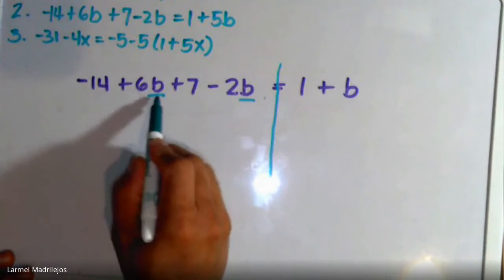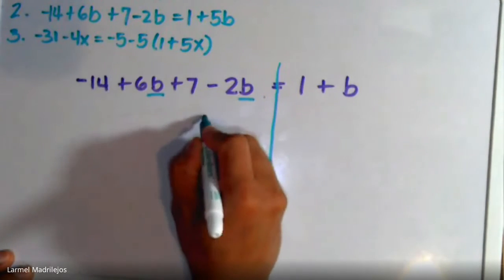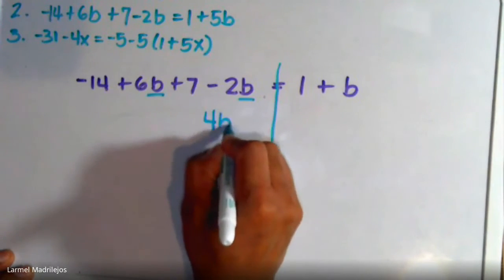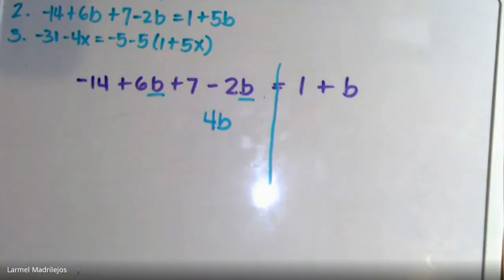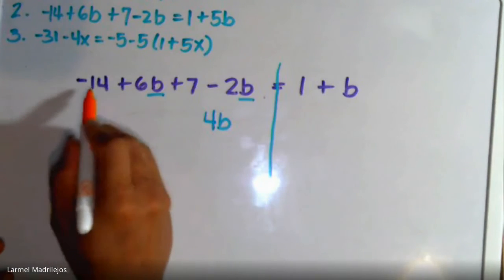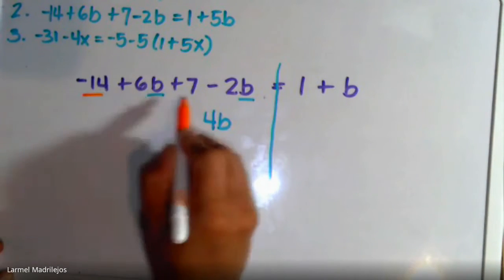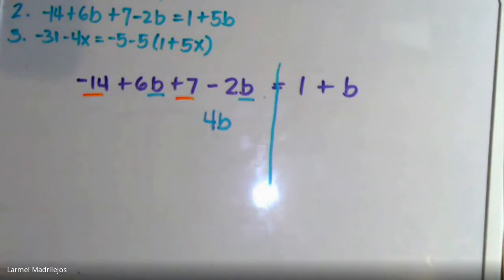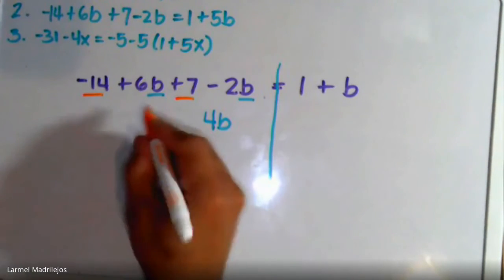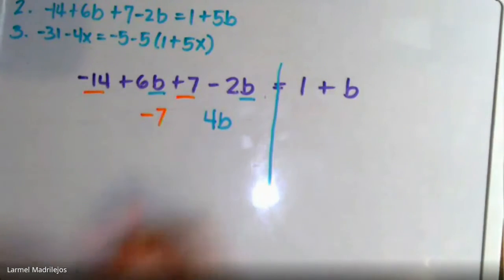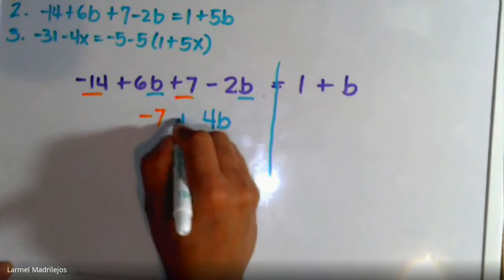So 6b minus 2b gives me 4b. The next terms that are the same are negative 14 and positive 7, they are numerical. So we can combine them: negative 14 plus 7 is negative 7. Remember that my b is positive.